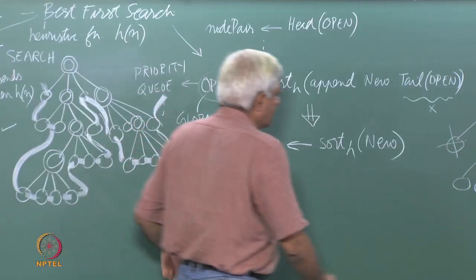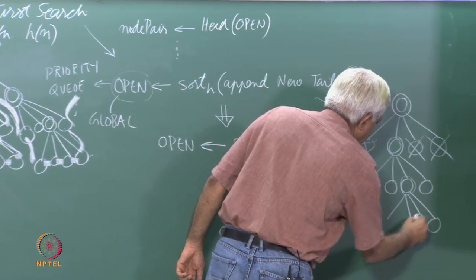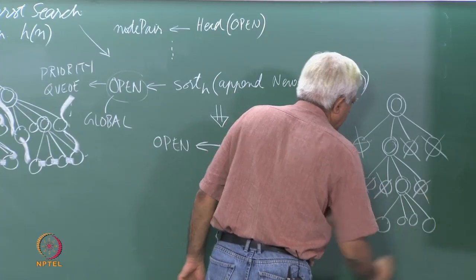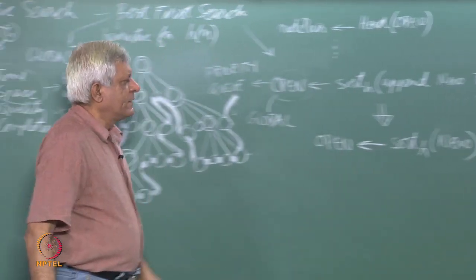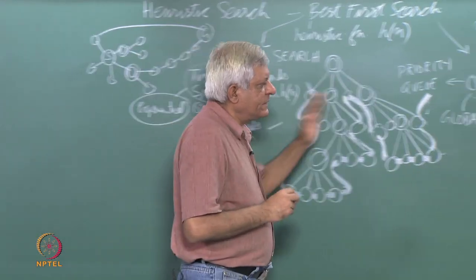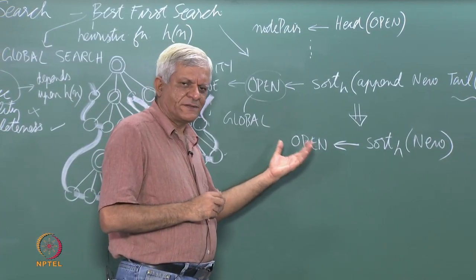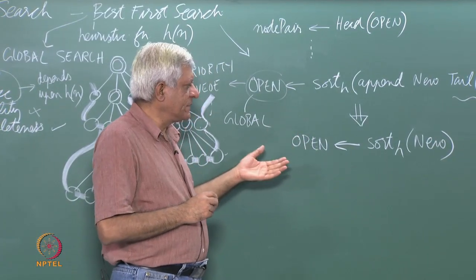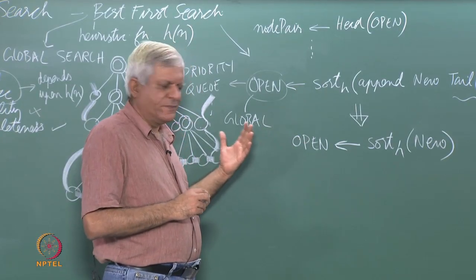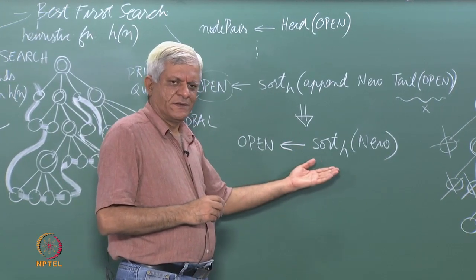Then we generate the third node from here, generate its children, and we throw away this. So, what has happened with this variation is that the search has access only to the latest nodes that have been generated, only to the neighbors of the current node essentially. In fact, once we are going to do this, we do not even need to sort this thing.